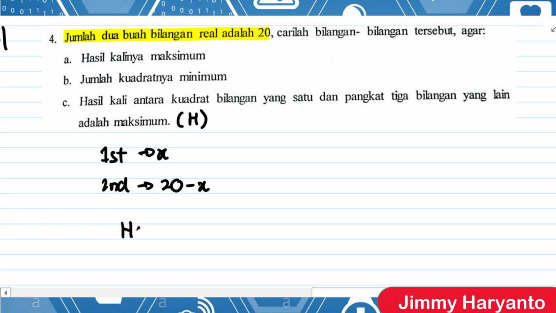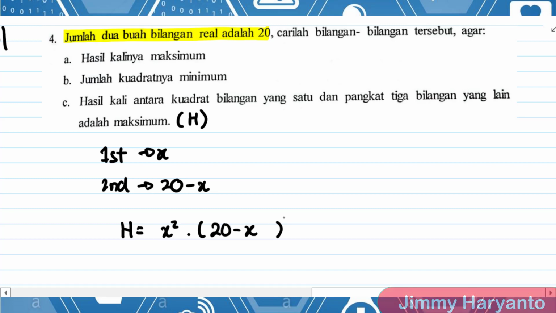So the function of h will be kuadrat bilangan yang pertama, x square, and then hasil kali times it. Because it's times, so it doesn't matter. It matters, yeah, it matters. Okay, I don't know. But I will take the x as the one that has to be squared. And then pangkat 3 ya.